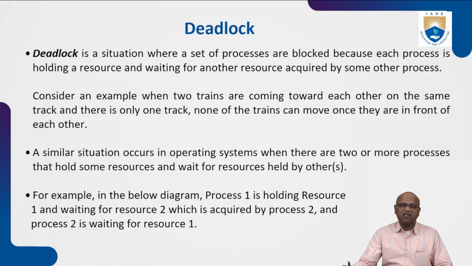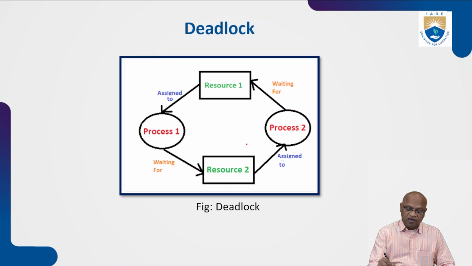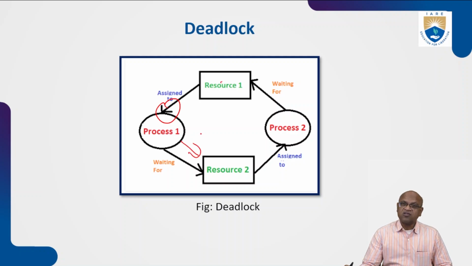For example, in the diagram, process 1 is holding resource 1 and waiting for resource 2, which is acquired by process 2, and process 2 is waiting for resource 1. Process 1 has resource 1 but is waiting for resource 2.